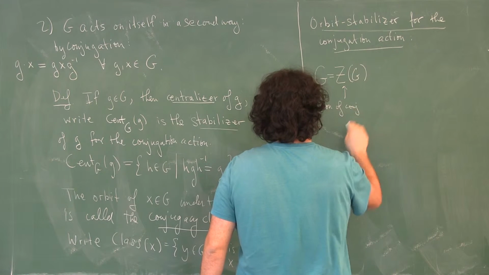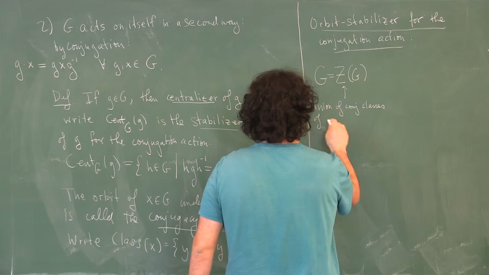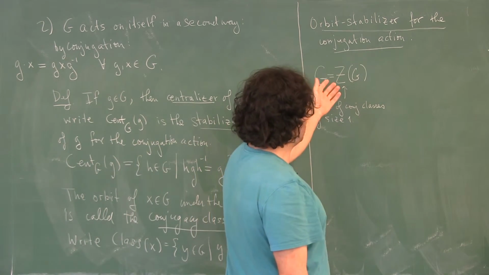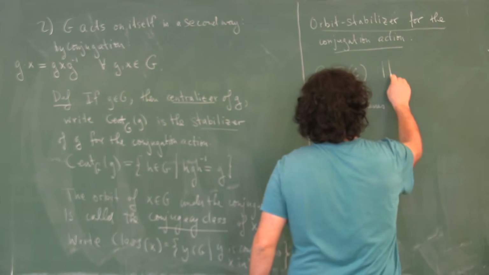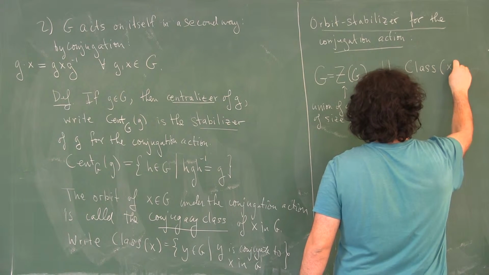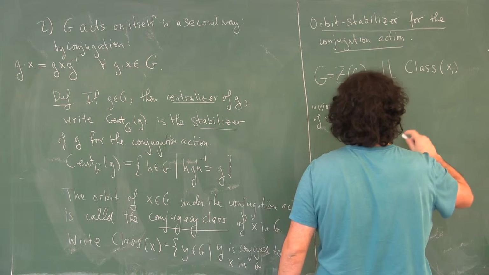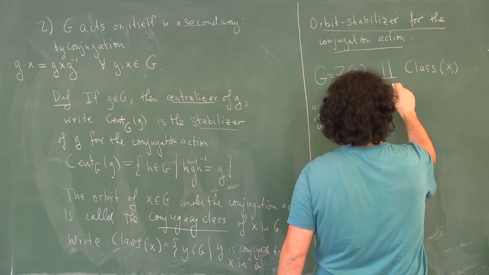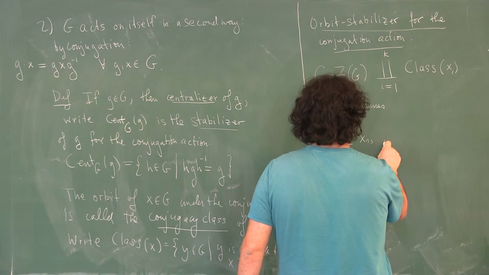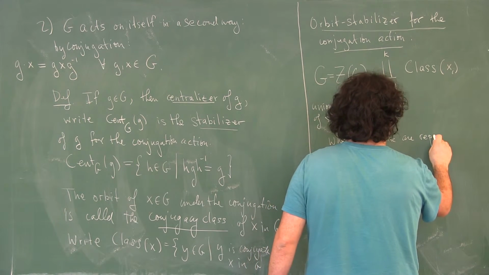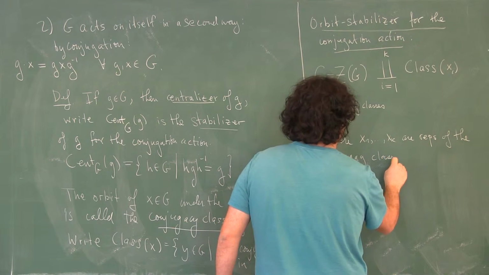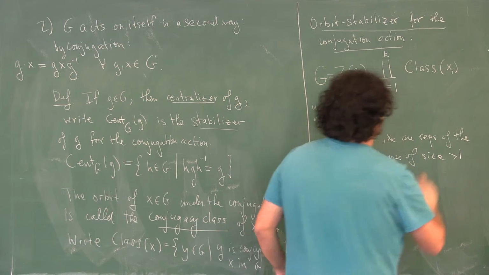An element x is the only element of its conjugacy class if and only if it is in the center of G. And then this is a disjoint union with the class of x_i, i equals 1 to k, let's say, where x_1 up to x_k are representatives of the conjugacy classes of size strictly bigger than 1.